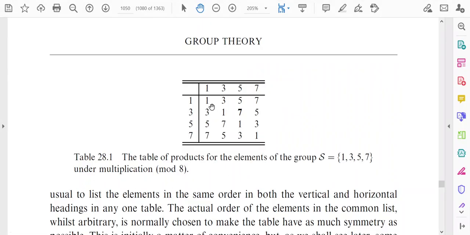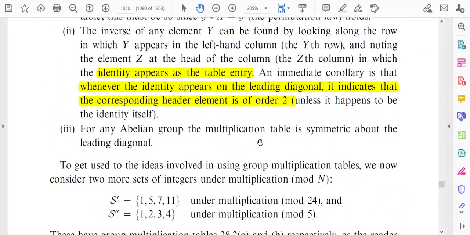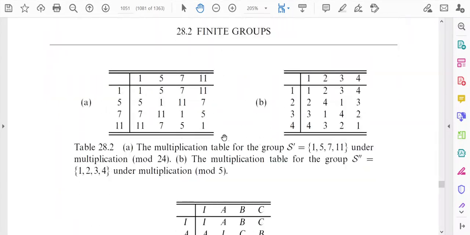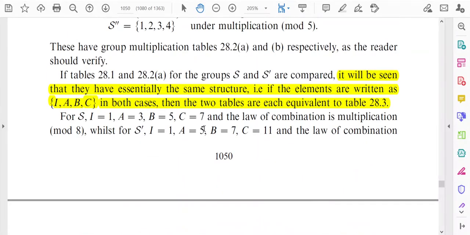So, you see this is the leading diagonal, where all are the identity elements. Similarly, for the group 28.2a, you again see that in the leading diagonal all are the identity element. So, we can say that these two groups have the same structure because the multiplication tables are almost the same.